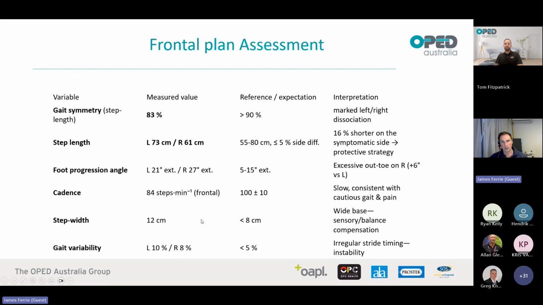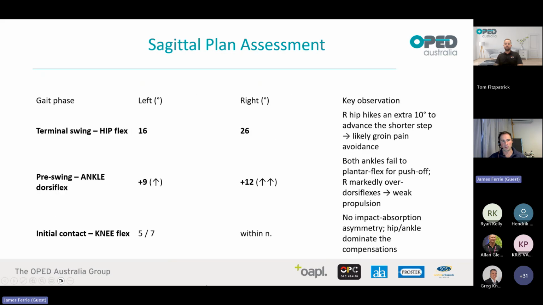His gait variability is also irregular. So we see increasing gait variability. It's become irregular with his stride time, consistent with some instability. And again, if we look here at some of the sagittal plane assessment, we see significant differences in terminal hip flexion. So we've got less hip flexion going through the left side, and that's compatible.